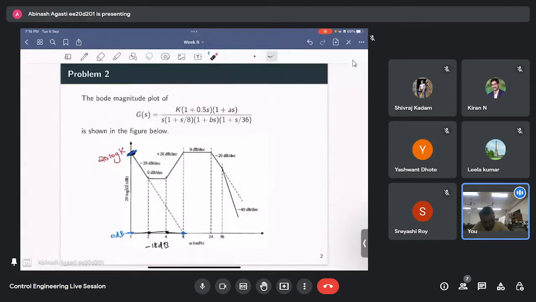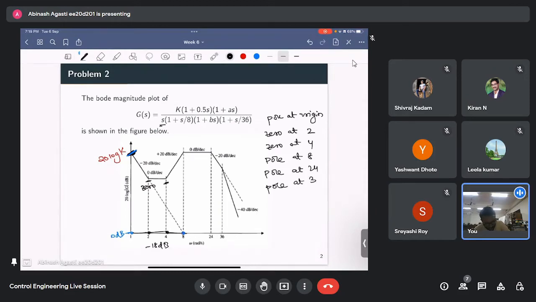As one of you pointed out earlier, we have a pole at origin, one zero at 2, another zero at 4, one pole at 8, another pole at 24, and finally another pole at 36.